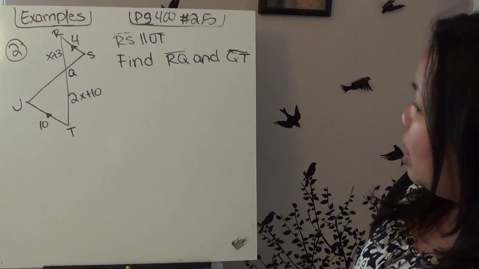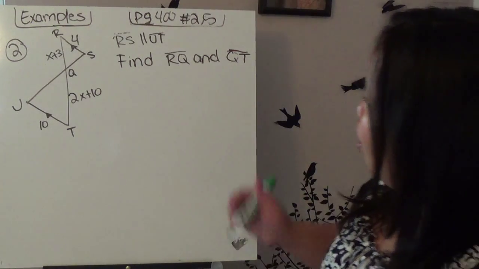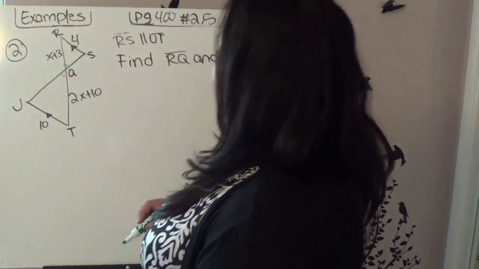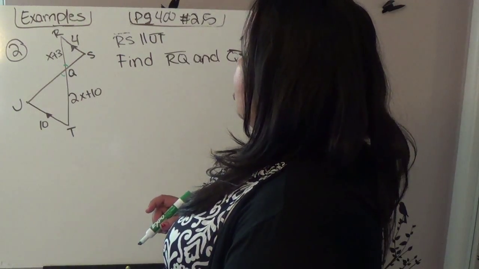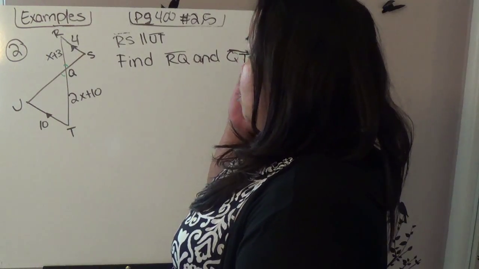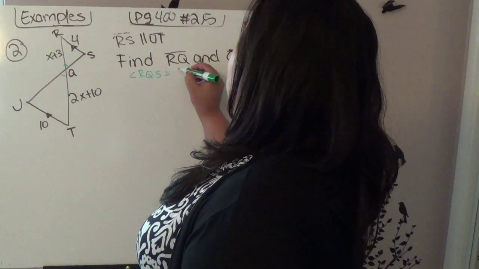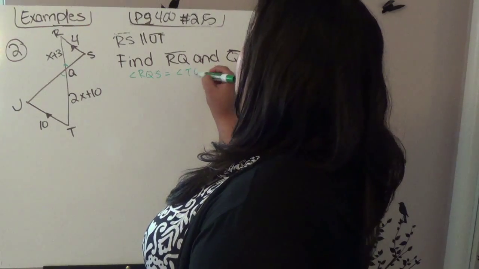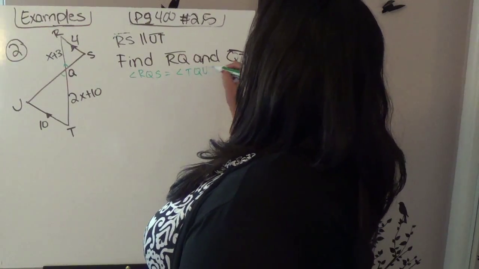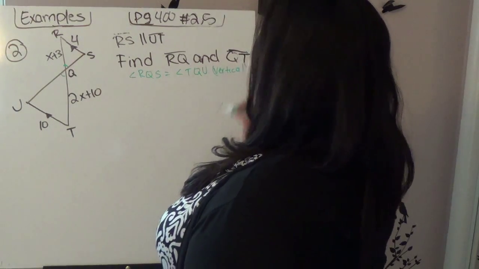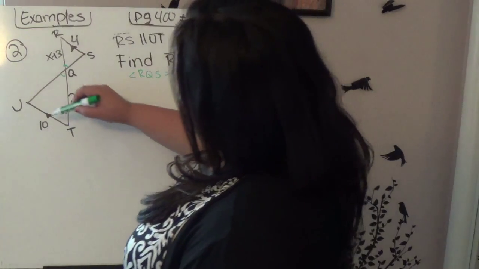In this case right here, we know that this angle and this angle equal each other because of vertical angles. So angle RQS is equal to angle TQU because they're vertical. Right? The next one here, this is parallel.